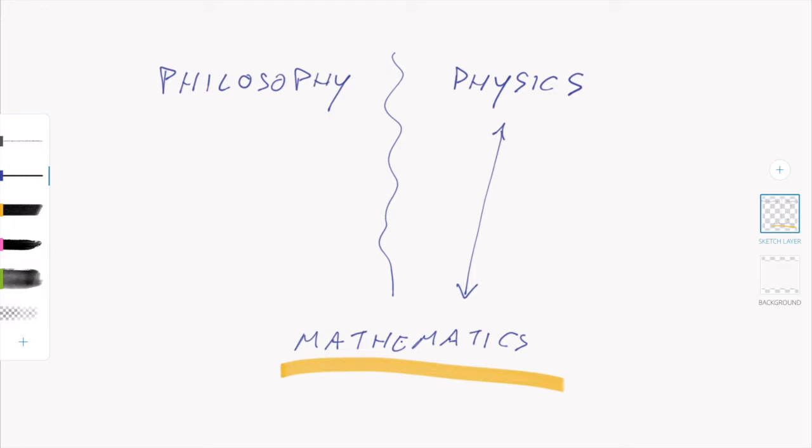Physics is based on the use of mathematics as an instrument. On the other hand, philosophy does not use mathematics at all. So the only and ultimate difference between philosophy and physics today is that physics uses mathematics and philosophy does not.